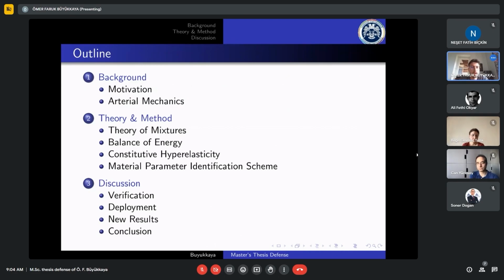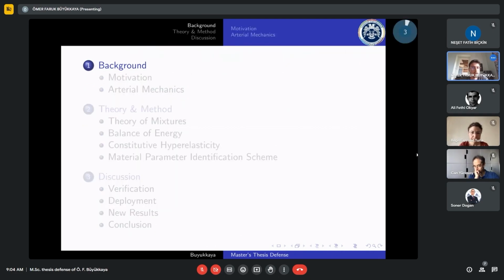Then I will detail the theory of hyperelasticity and the material parameter identification scheme. Then I will present the verification and deployment of this scheme, and finally I will present some new results obtained from newly performed experiments.